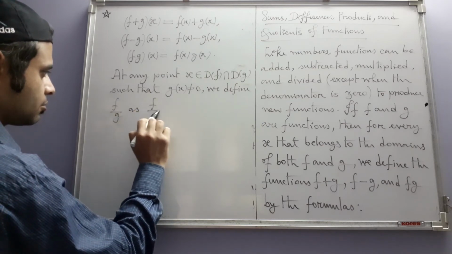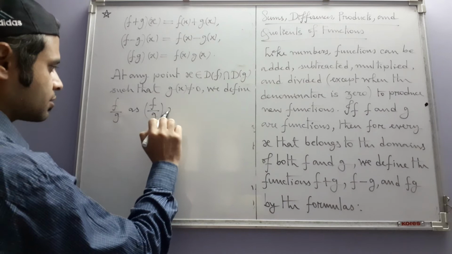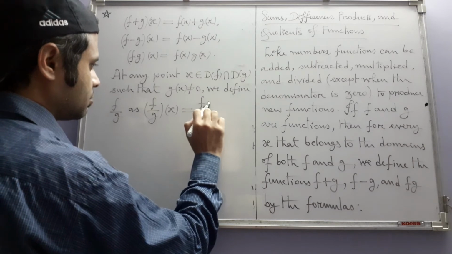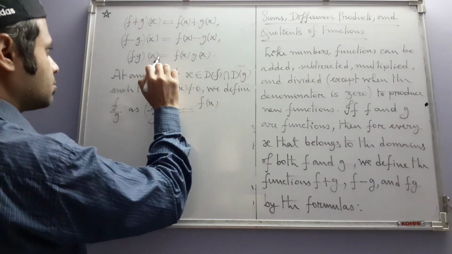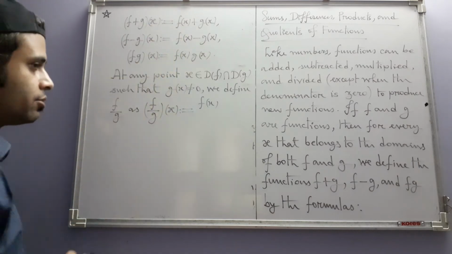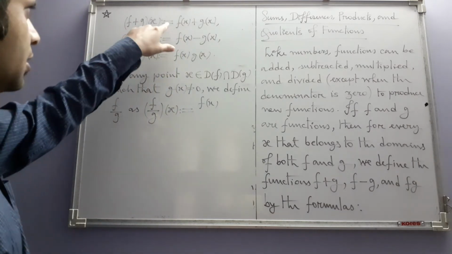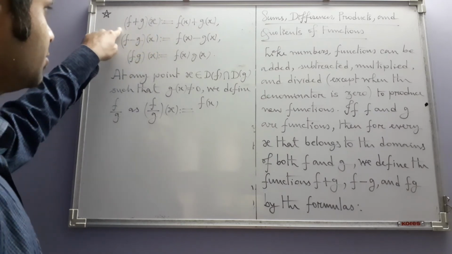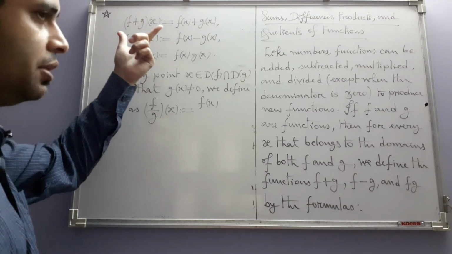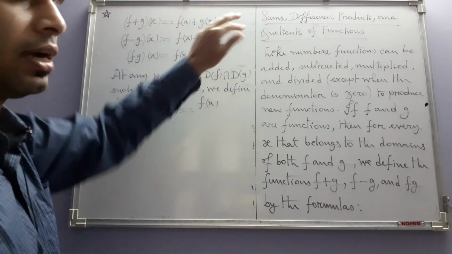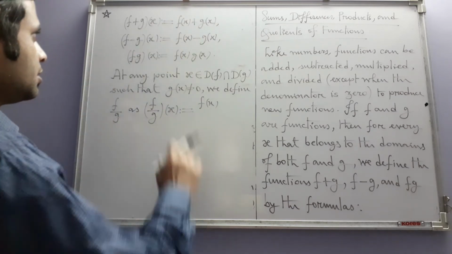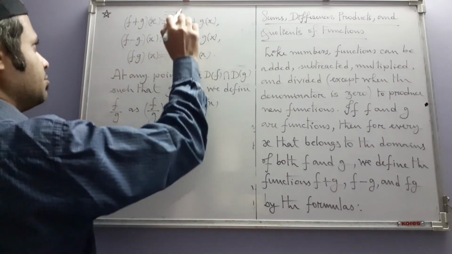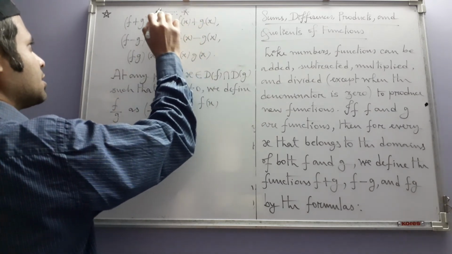as follows. f by g is a function whose value at x is defined to be f of x over g of x. When we define something, we write a colon like this. The term that lies on the side of the colon is the term being defined, and its meaning lies on the other side where we don't have the colon. Sometimes we use this notation like this also. Then also same, you have something here and something else here.